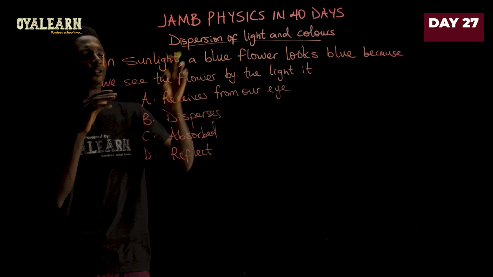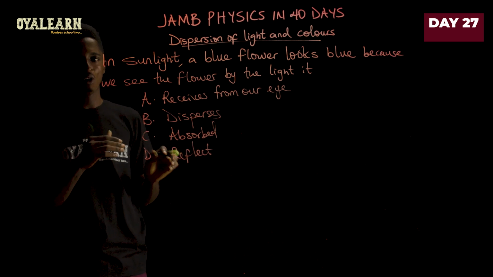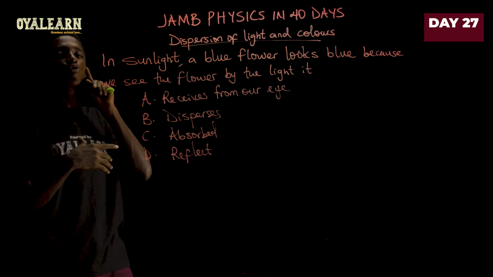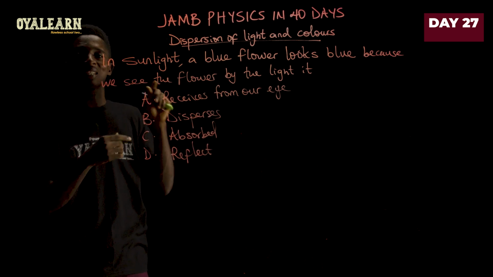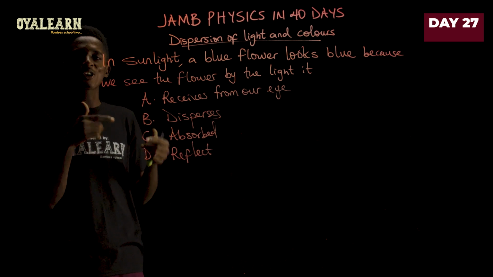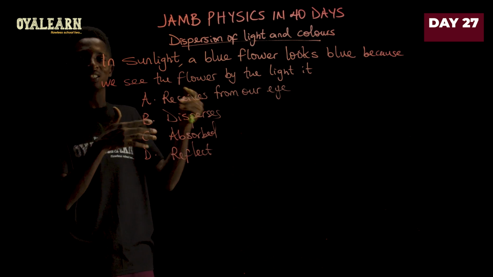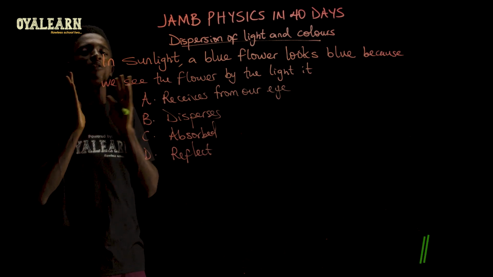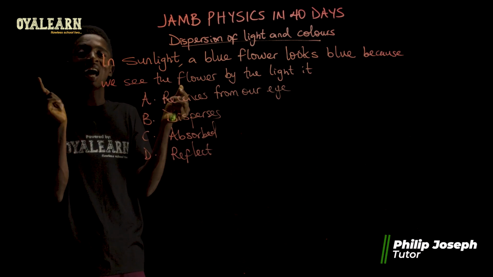So that means for us to see the flower as blue, it has absorbed all the other colors and is only able to reflect blue. That is why we are seeing it as a blue color. Now, other colors that do not exist among the red, orange, yellow, green, blue, indigo, violet that I just mentioned, sometimes arise as a result of the reflection of two or more colors that now mix.